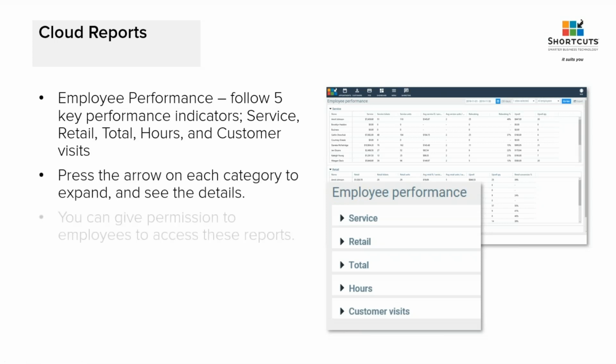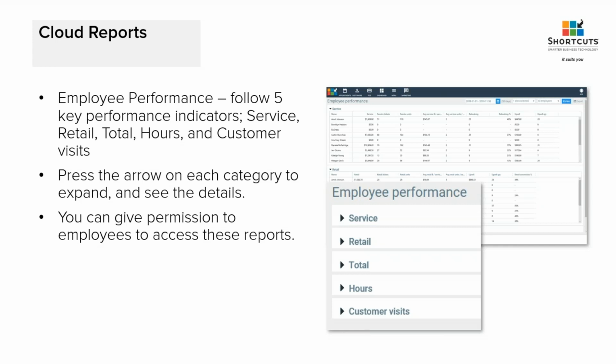So the employee performance report is a little bit different. So this is your 5 KPIs for your staff: service, retail, totals, hours, and customer visits. If you press the little arrow on each reporting category, it will expand to give you a breakdown on those details.